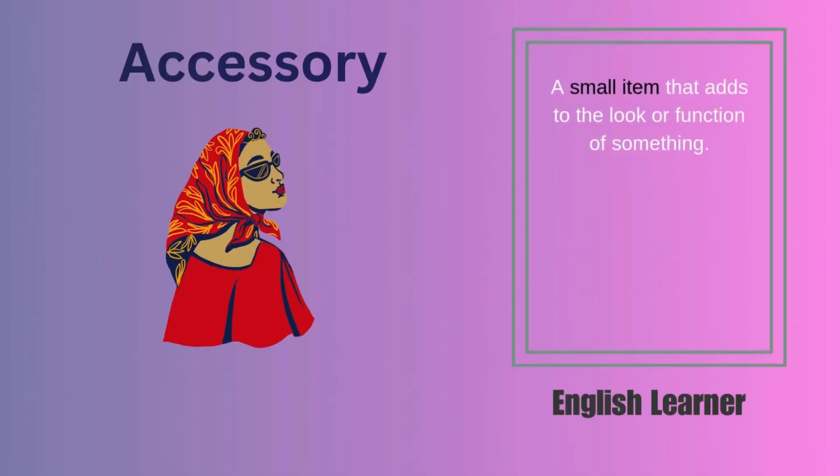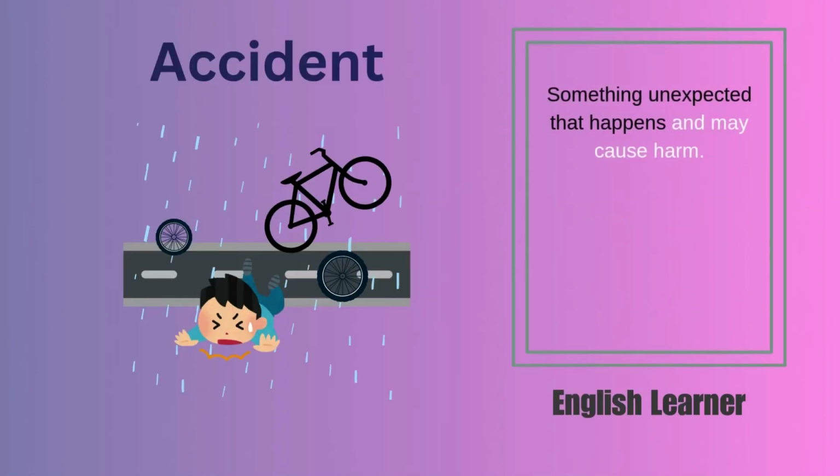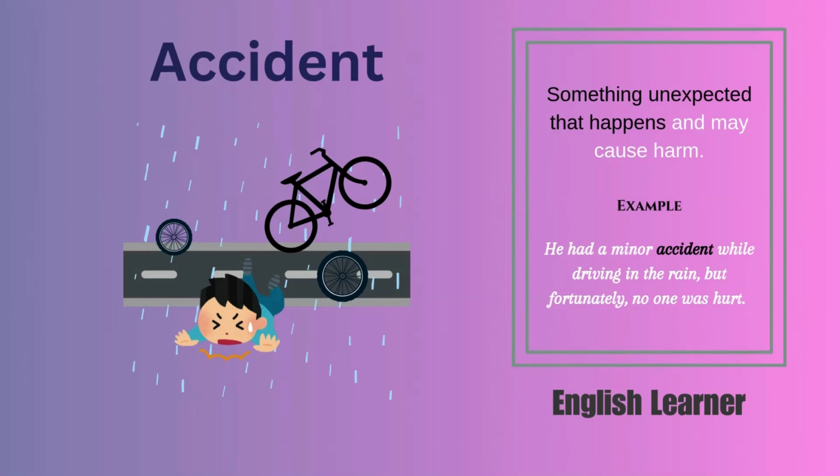Accessory. A small item that adds to the look or function of something. Example. She wore a pretty scarf as an accessory with her outfit. Accident. Something unexpected that happens and may cause harm. Example. He had a minor accident while driving in the rain, but fortunately, no one was hurt.